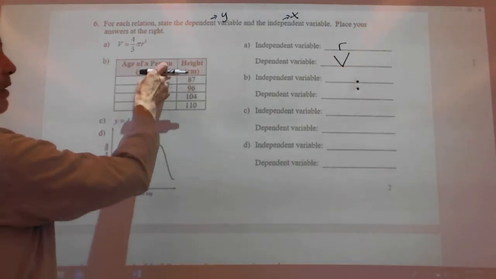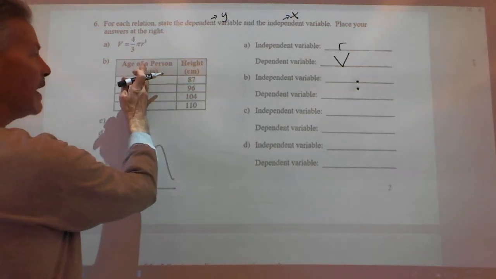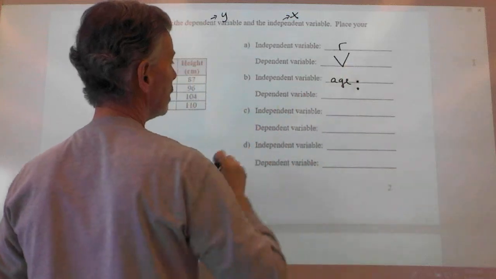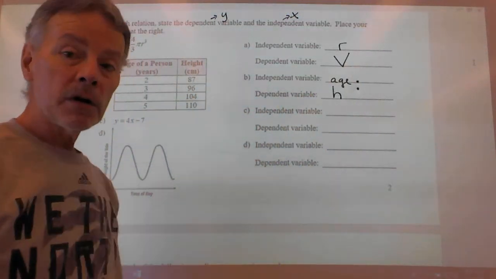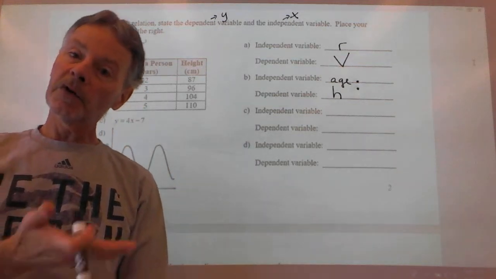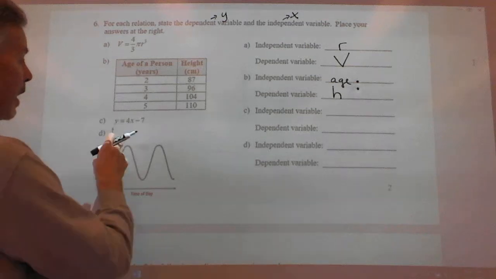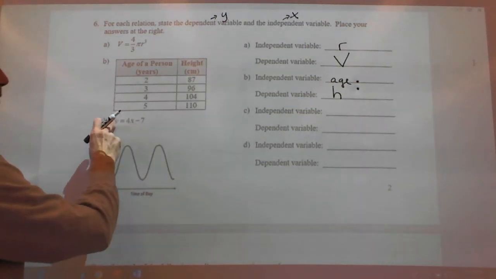For B, you're given a table of values. X is always on the left, so the independent would be age, and the dependent would be height. In general, the older you get, the taller you get, up to a certain point. For C, well, they've given us these variables.